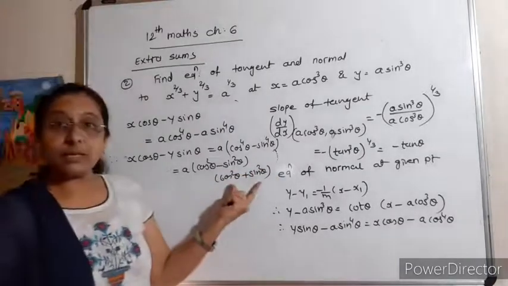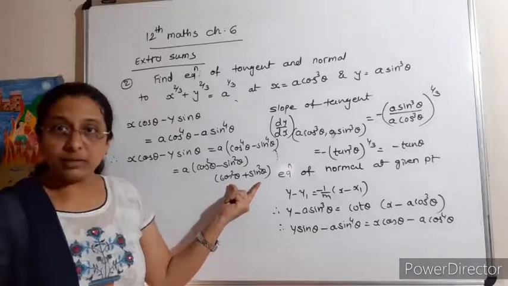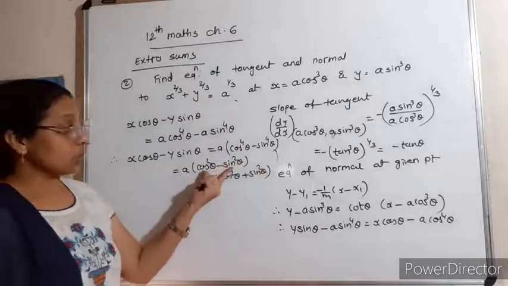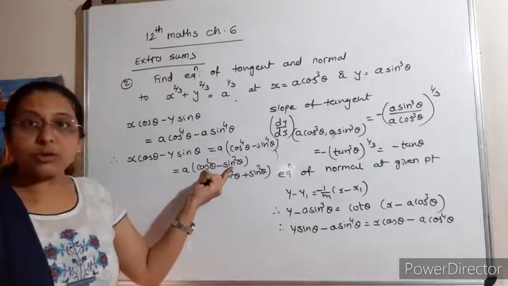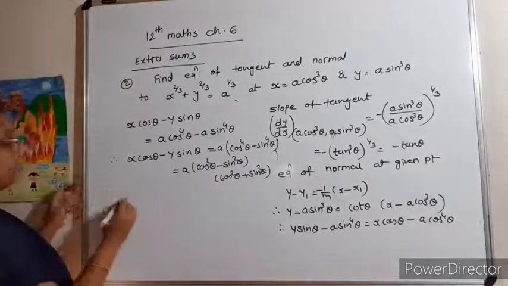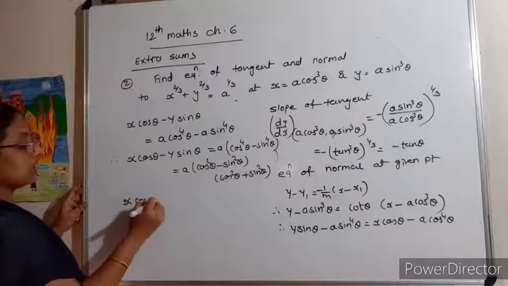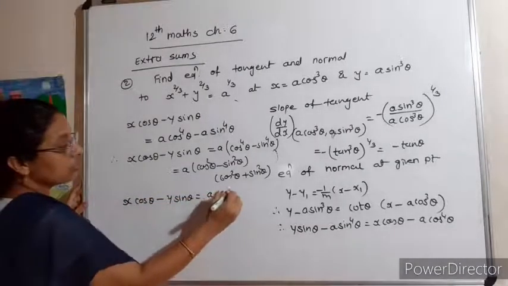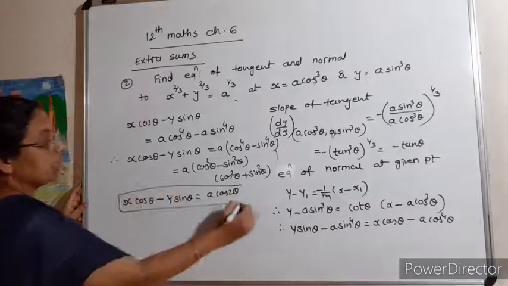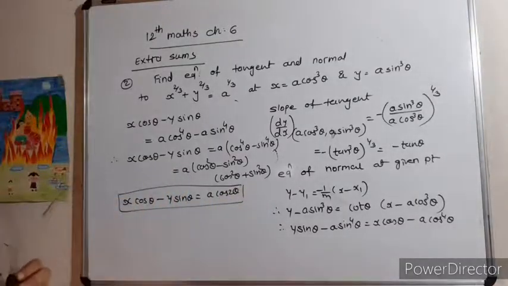But this cos square theta plus sin square theta becomes 1. Yes, this is 1. And cos square theta minus sin square theta is cos 2 theta. We know this formula of cos 2 theta. So ultimately x cos theta minus y sin theta equals a cos 2 theta is the equation of normal to the given point.